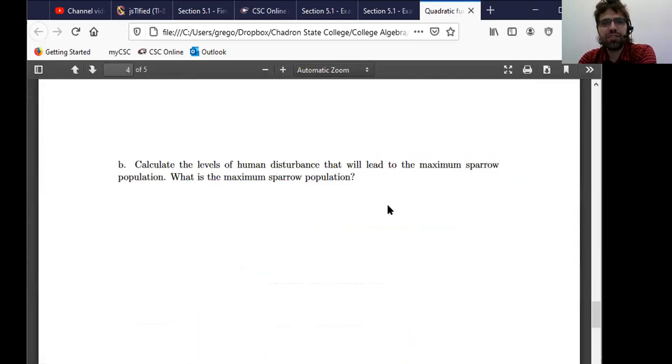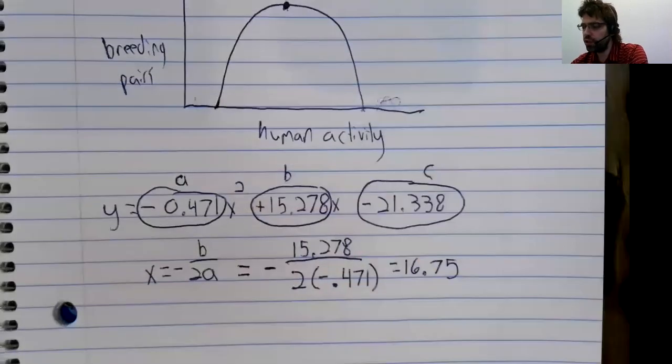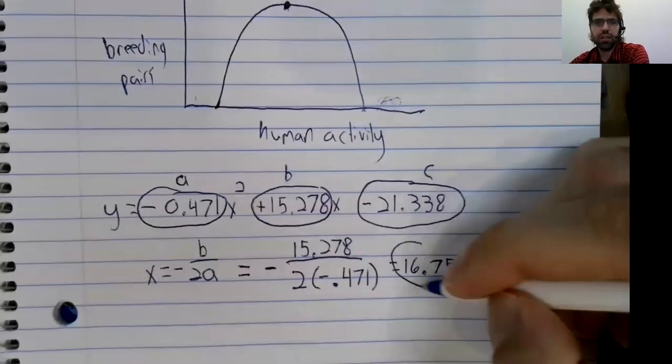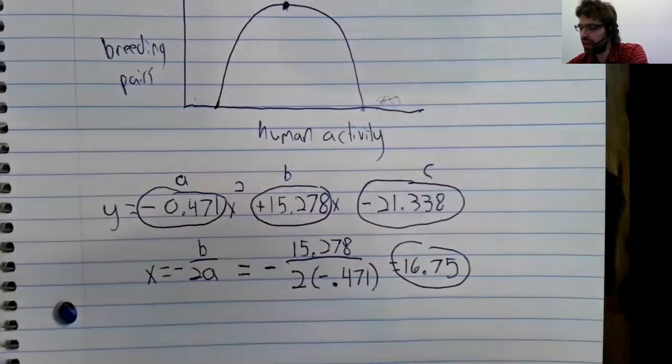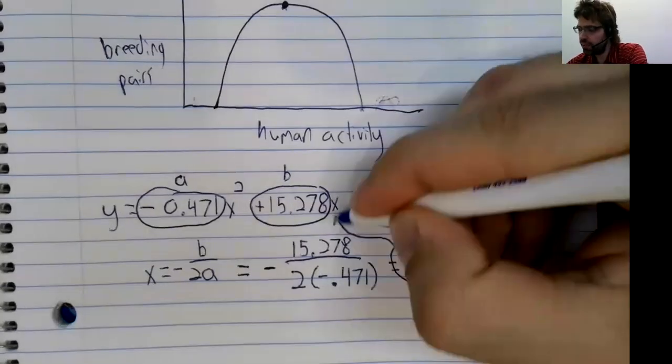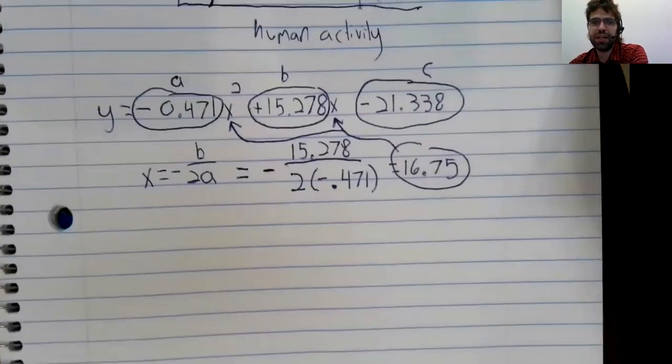Now we're asked what is the maximum sparrow population. So we just go to our equation and we take this x we found and we stick it in there.